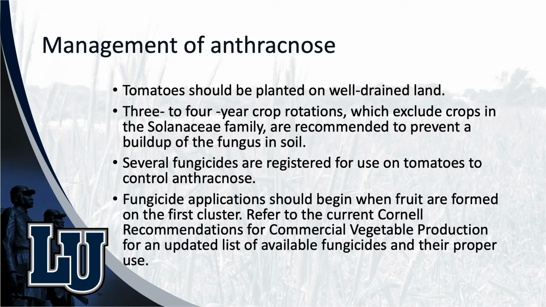And then try to rotate the plant for a longer period of time, generally for 3 to 4 years, with non-solanaceous crops, which are not in the same family as tomato. And that will help to reduce the buildup of this particular pathogen, Colletotrichum coccodes.